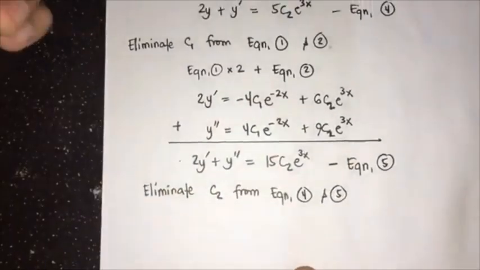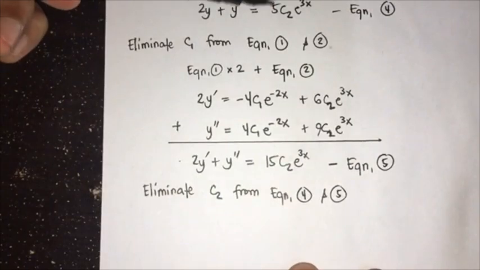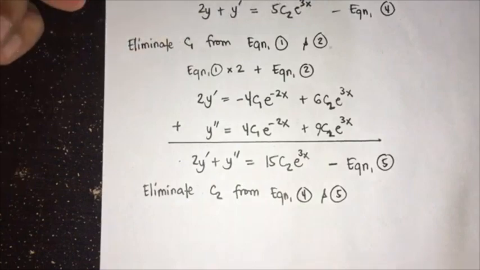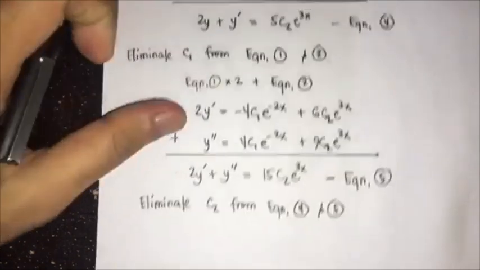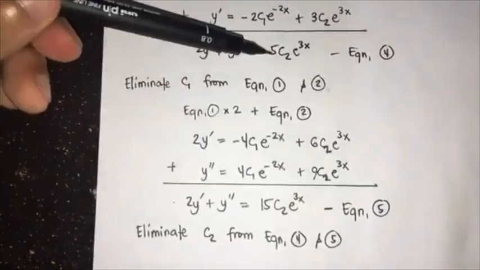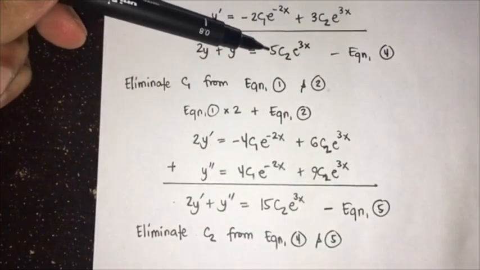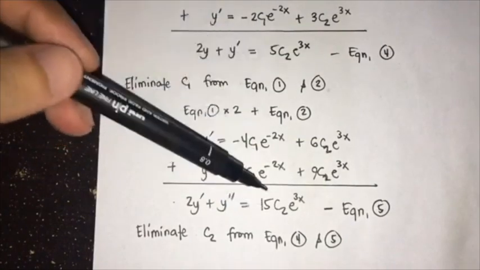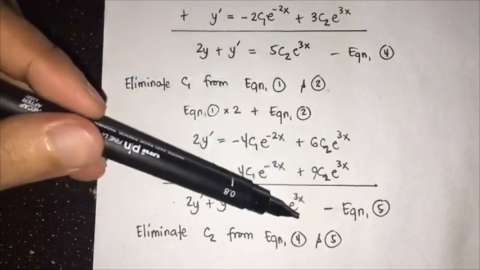So how do we do that? As we can see, equation 4 has 5C2, and equation 5 has 15C2. So we need to multiply equation 4 by 3 and subtract it from equation 5.